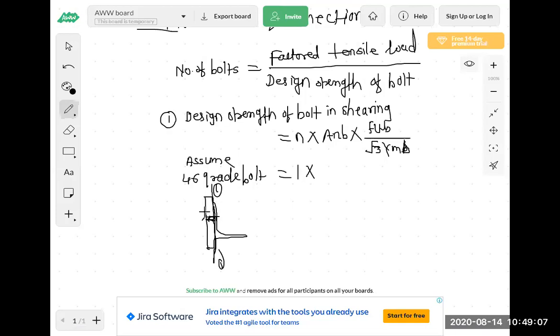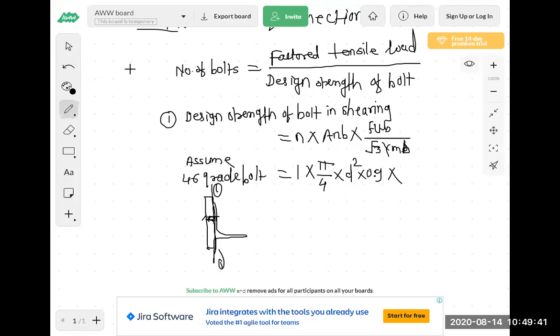As I have told you, if one more angle is on the other side, now two faces are there. So in this case n is equal to 2. But now only one angle is there, so here it is 1. Now what is Anb? How to calculate? Pi by 4 into d square into 0.9, is there, no? 0.9 for reduction of area of thread of bolt.